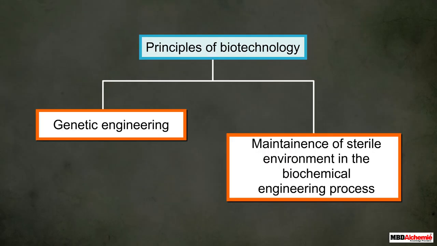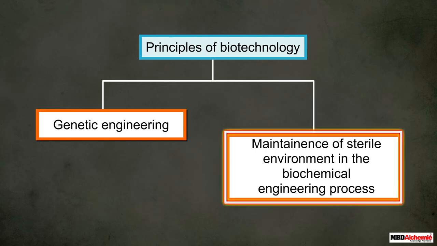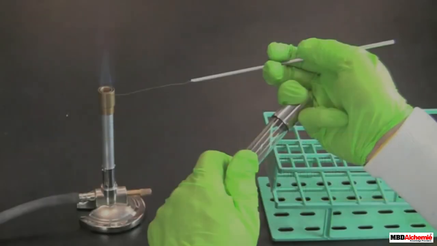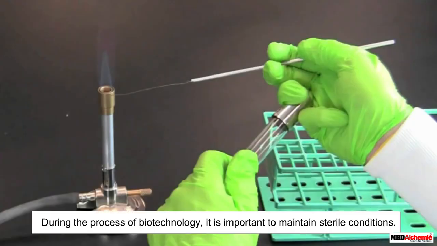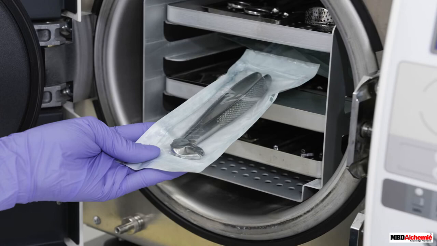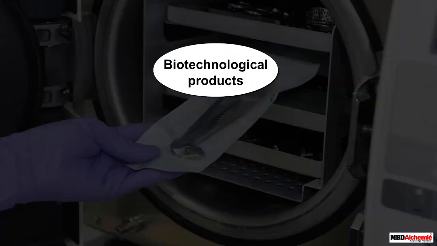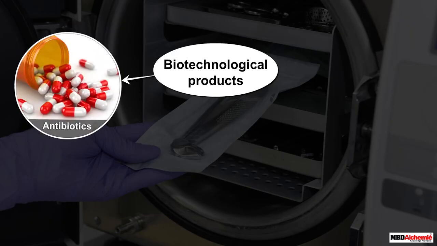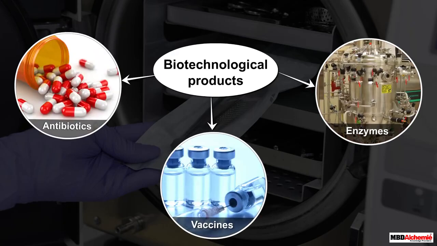Let us now come to the second principle, that is, maintenance of sterile environment in the biochemical engineering process. During the process of biotechnology, it is important to maintain sterile conditions. It is to allow the growth of only the desired microbe or eukaryotic cell in large quantities for the manufacture of biotechnological products such as antibiotics, vaccines, and enzymes.